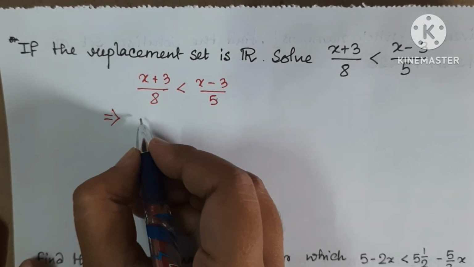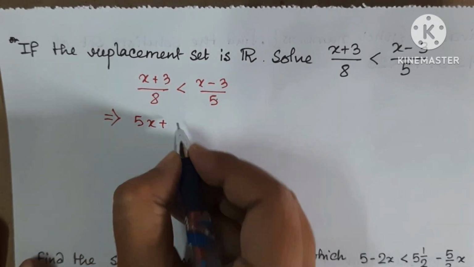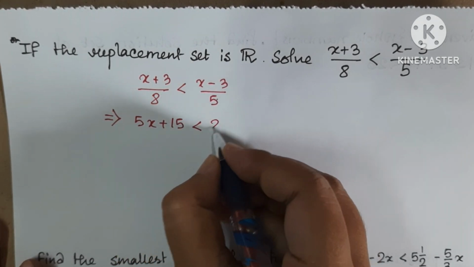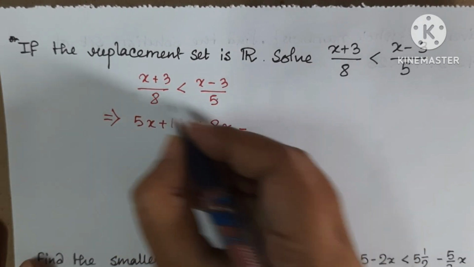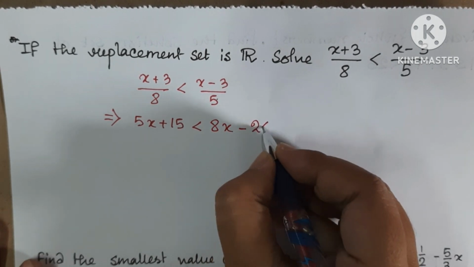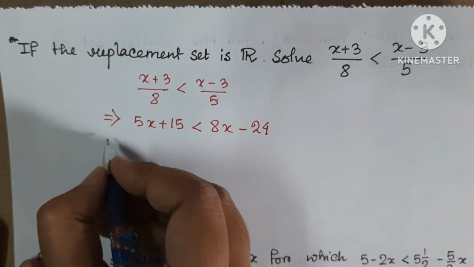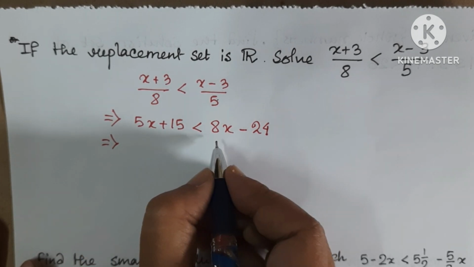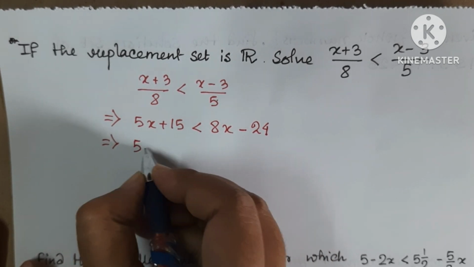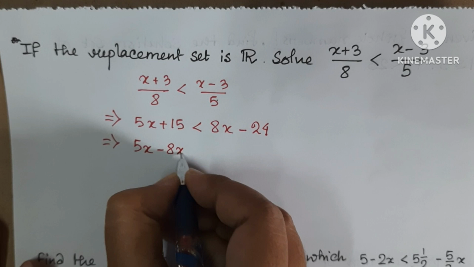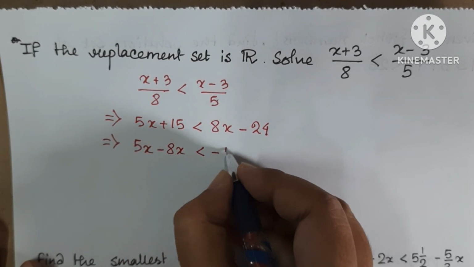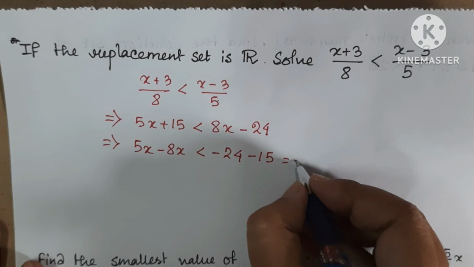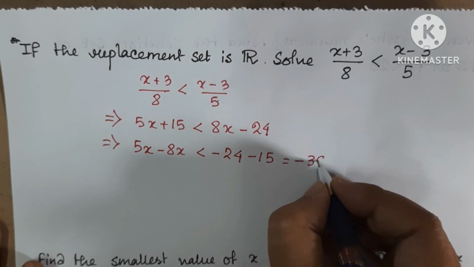What will you get? 5x plus 15 is less than 8x minus 8 into 3, 24, right? Now transfer all the variable terms to one side, so you will get 5x minus 8x less than minus 24 minus 15, that will be minus 39.